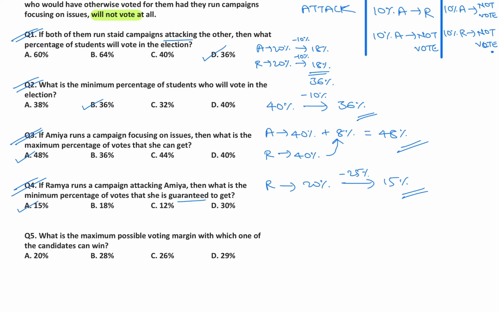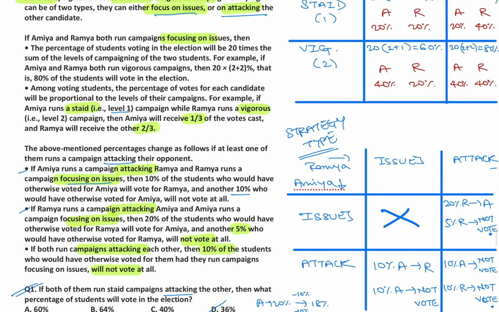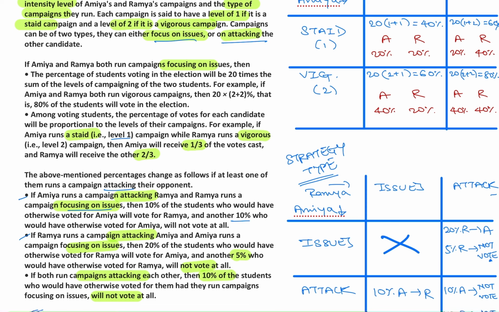Okay, so I need to find the maximum possible voting margin. When we talk about voting margin, the spectrum of the difference will be maximum when both of them have different votes.